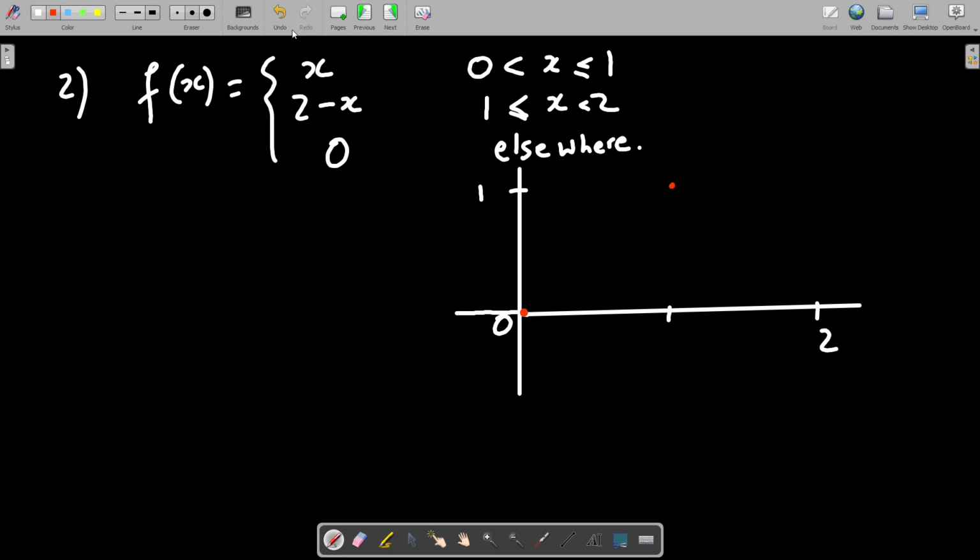How do you draw this graph? This is y is equal to x and y is equal to this thing. So this graph will look like this. Between 0 to 1 the graph will look like this.